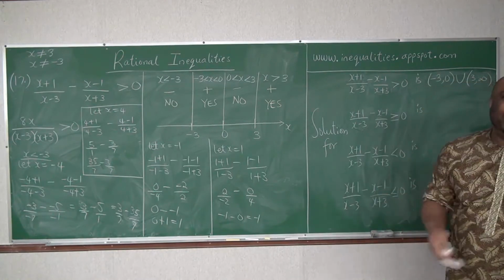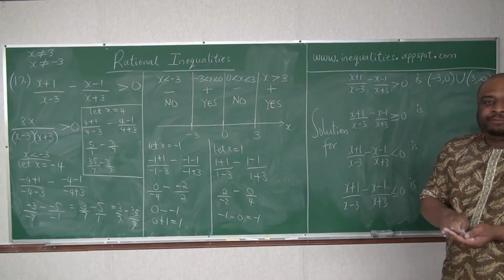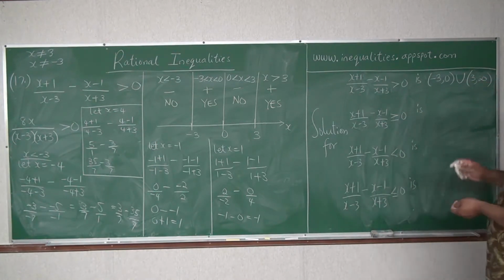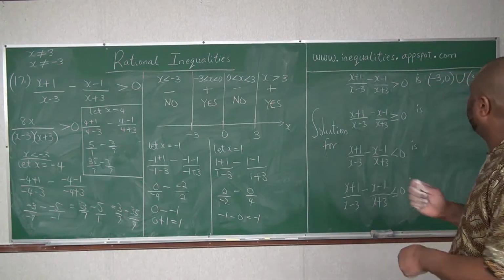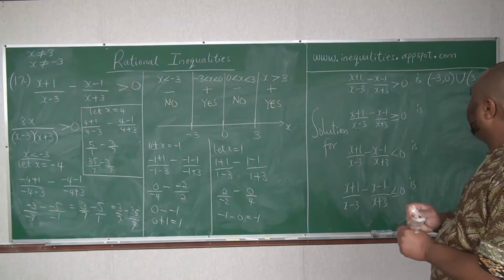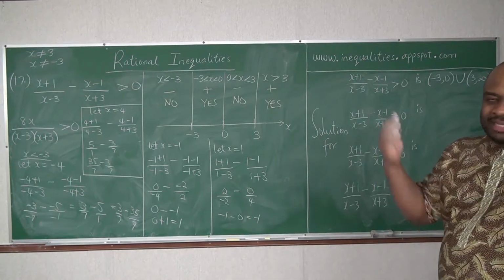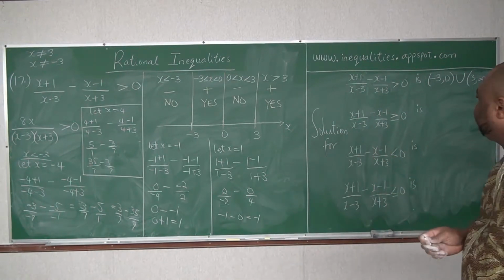Yeah, just like we have done with the previous questions. So here, the first one is from negative 3 to 0, union 3 to infinity. And we've explained this in the first video.